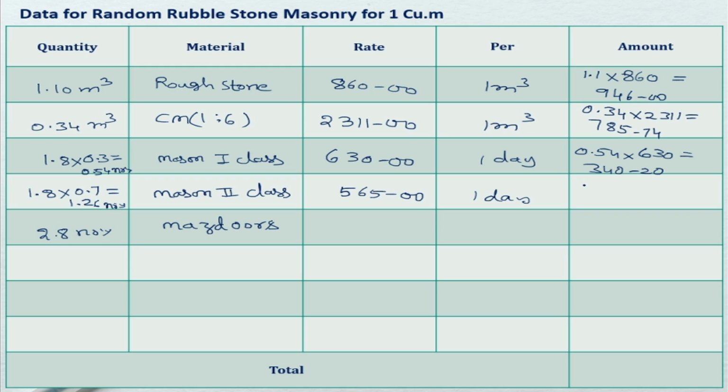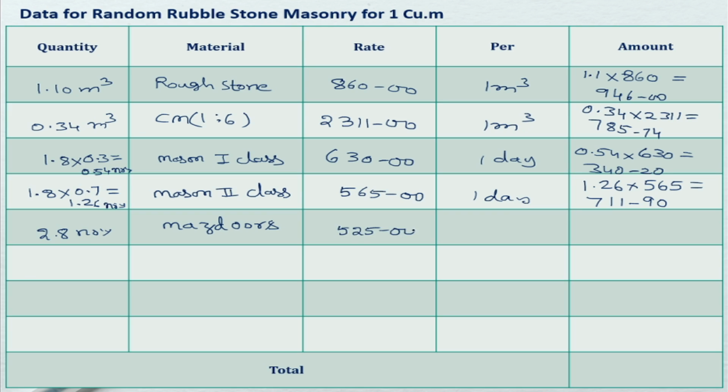Mason second class, 1.26 into 565 is equal to 711 rupees 90 paisa.